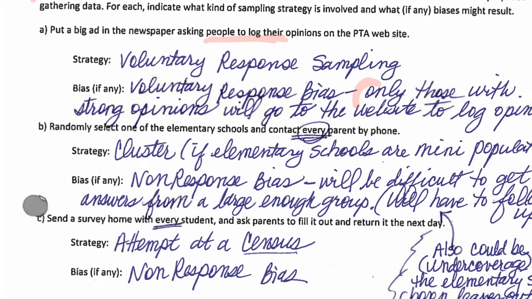Non-response would mean that the PTA people went to try to ask everybody, and nobody who saw the ad had elementary school students. Okay, so that would be non-response. So I would say undercoverage. I kind of say undercoverage also because of this thing right here. Do your parents get the newspaper?